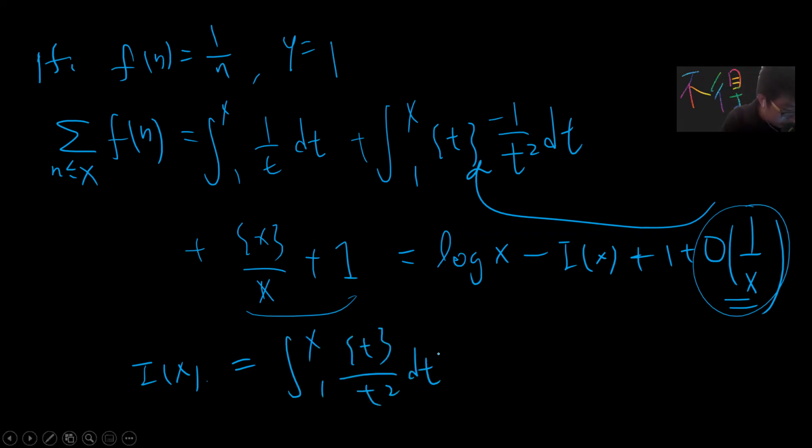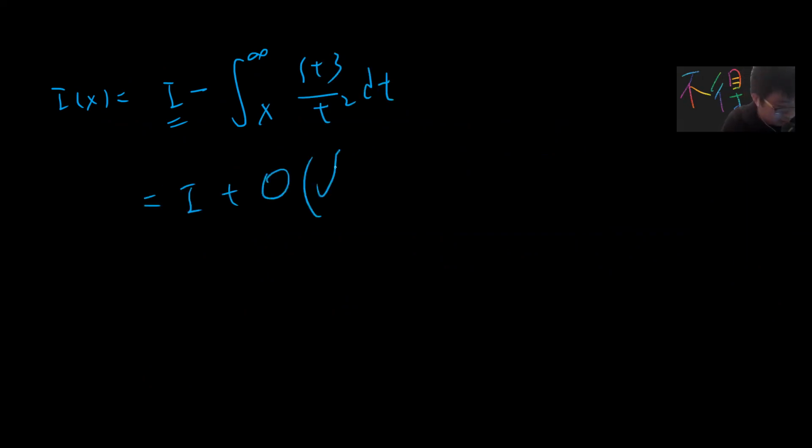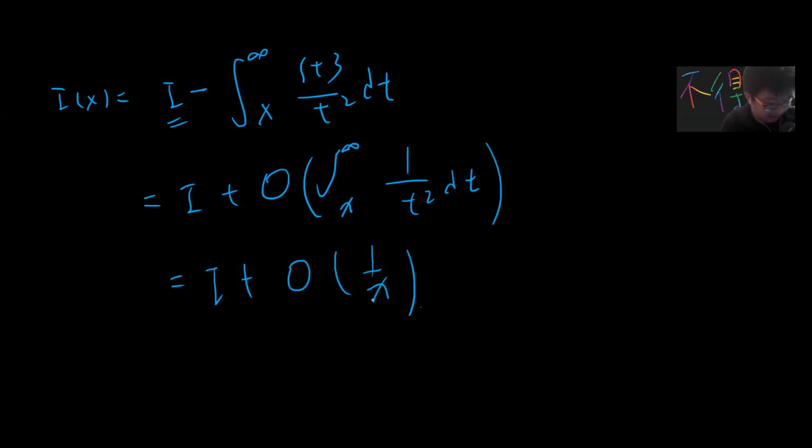To bound this term, I of x can be written as a finite constant plus the tail: the integral from 1 to infinity, plus big O of the integral from x to infinity of 1 over t squared dt. So this is just a constant plus O of 1 over x. Then you can check this constant can be written as the Euler-Mascheroni constant.